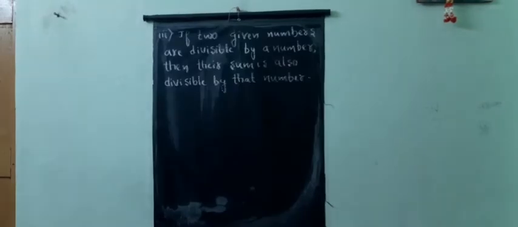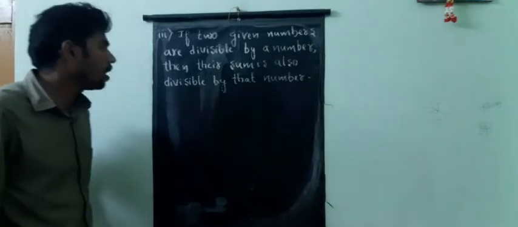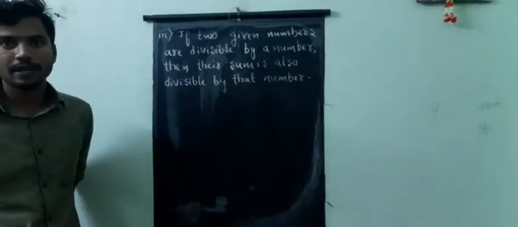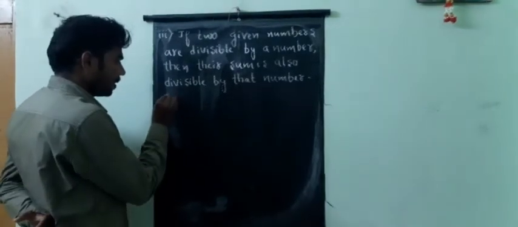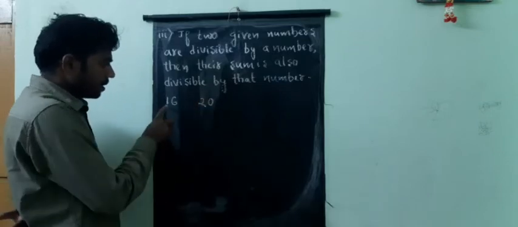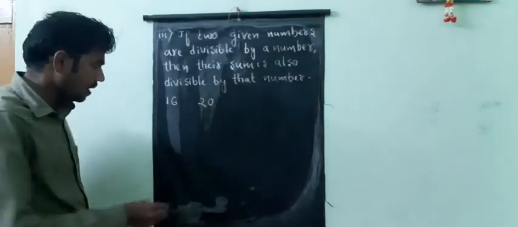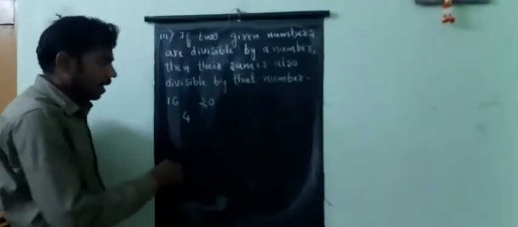Next, if two given numbers are divisible by a number, then the sum is also divisible by that number. What does it mean? I'll take two numbers, 16 and 20. Both are divisible by 4.